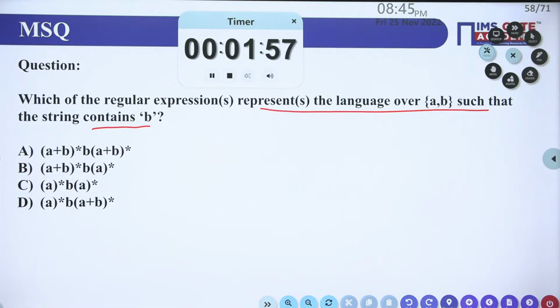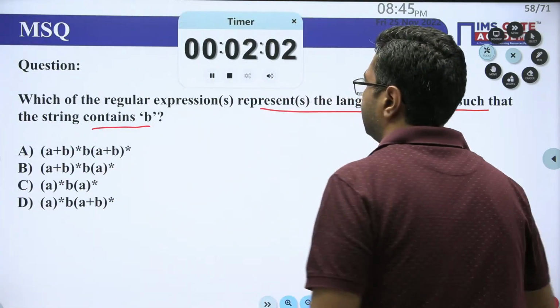Let's see what about others. I think we have already given 2 minutes.